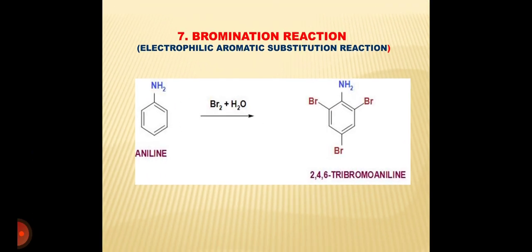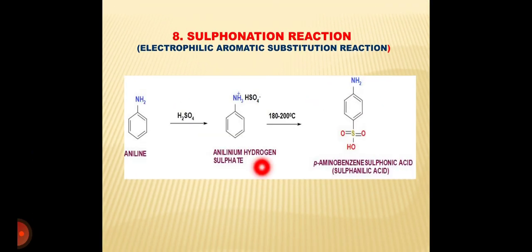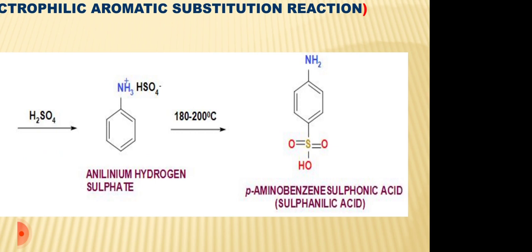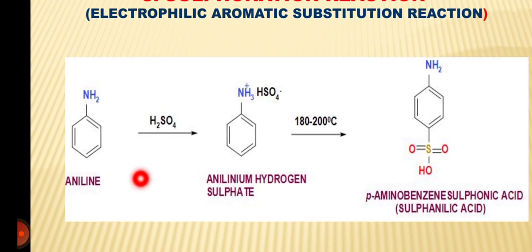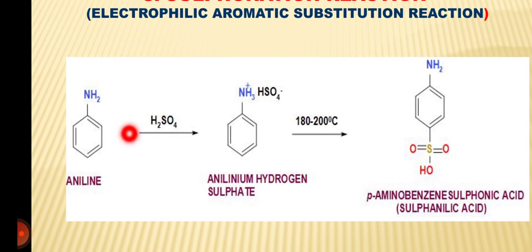The next reaction is the sulfonation reaction. Dear students, the sulfonation reaction is carried out by reacting aniline with concentrated sulfuric acid. Now aniline is basic in nature and sulfuric acid is acid.